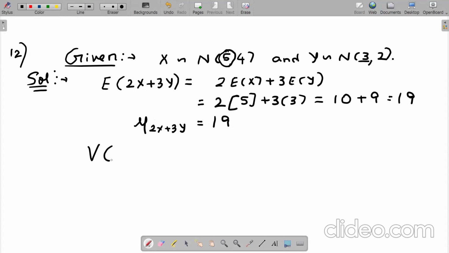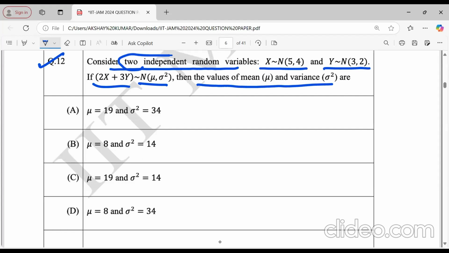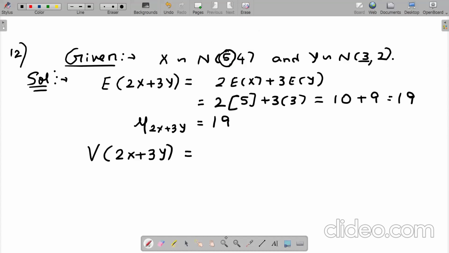And then how do I find the variance of 2x plus 3y? We are given that x and y are independent in the question. Two independent random variables. So for two independent random variables, remember covariance is 0. So the variance is going to be 2 square times variance of x plus 3 square times variance of y.